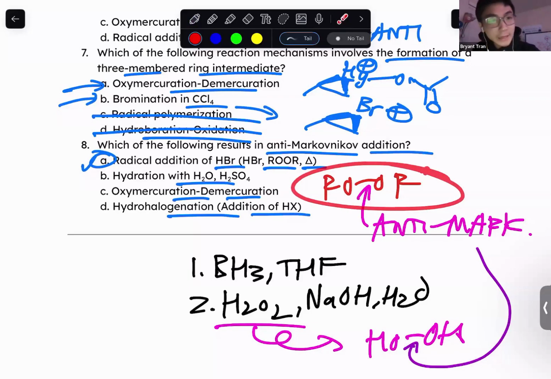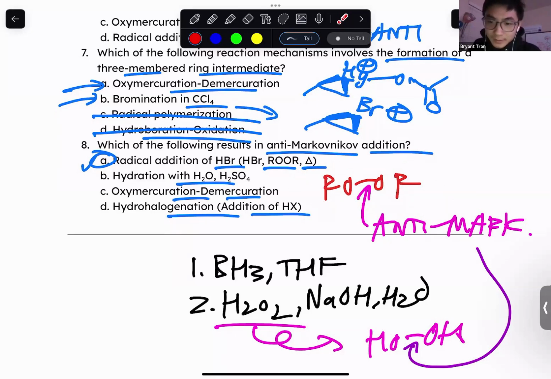What other thing can react with ROOR, right? Besides HBr? Can HCl or HI do anti-Markovnikov with ROOR as well? No, it cannot.